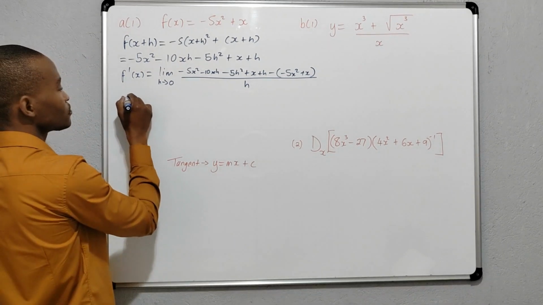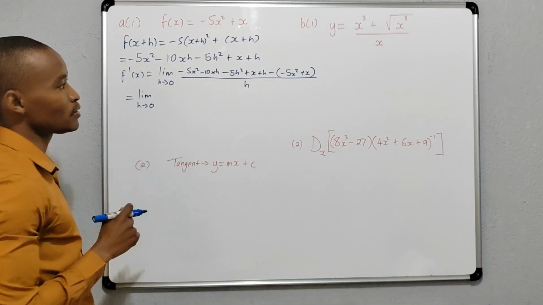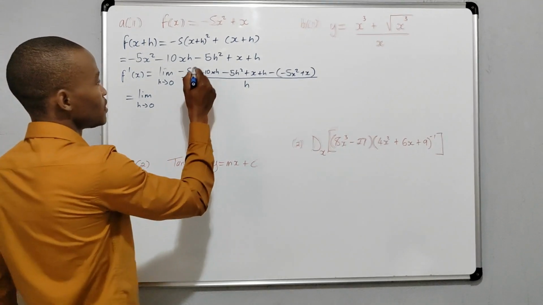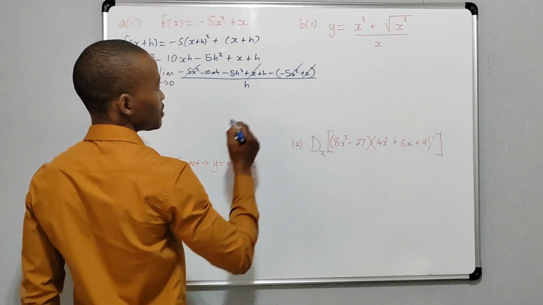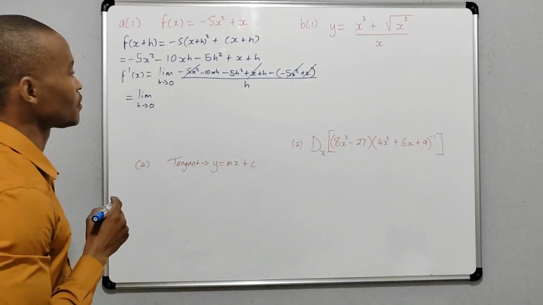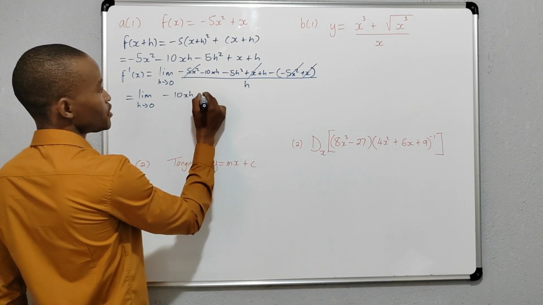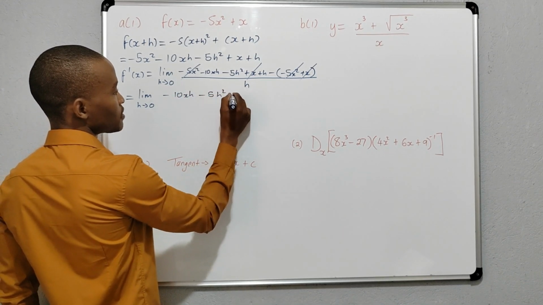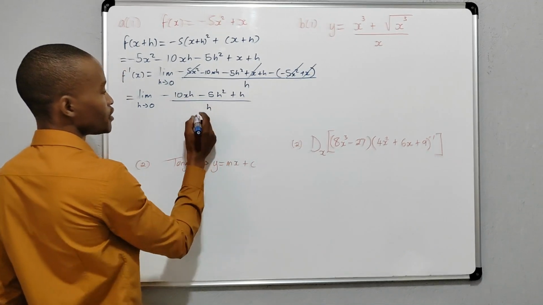Good. So we have the limit as h approaches 0, and we see that there will be cancellation of terms: the negative 5x squared cancels, and the x cancels. What are we left with? Negative 10xh minus 5h squared plus h, over h.